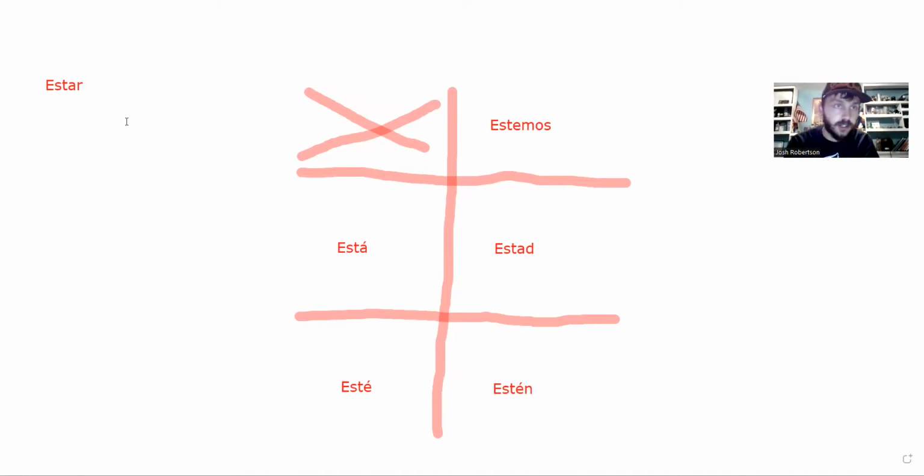So, in the affirmative imperative for estar, tú está, él, ella y usted esté, nosotros, nosotras estemos, vosotros y vosotras estad, ellos, ellas y ustedes estén. See that?